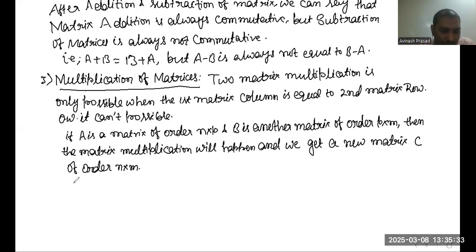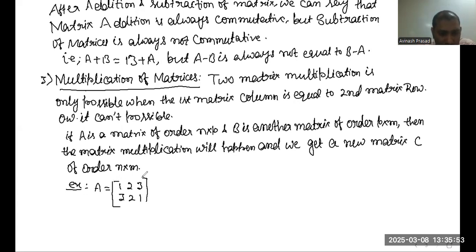Look at an example of this. A is a matrix whose elements are 1, 2, 3, 3, 2, 1, of order 2 cross 3.